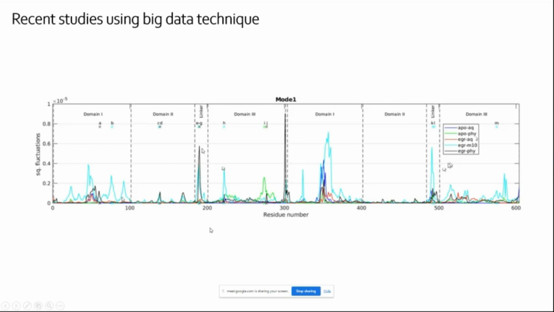And we've been able to associate those outstanding or very unique deviations in some particular simulation with the interaction of one or more molecules. Sometimes that interaction might be for a very small time, but they come, they interact, and they change the dynamics of that particular segment of the protein.